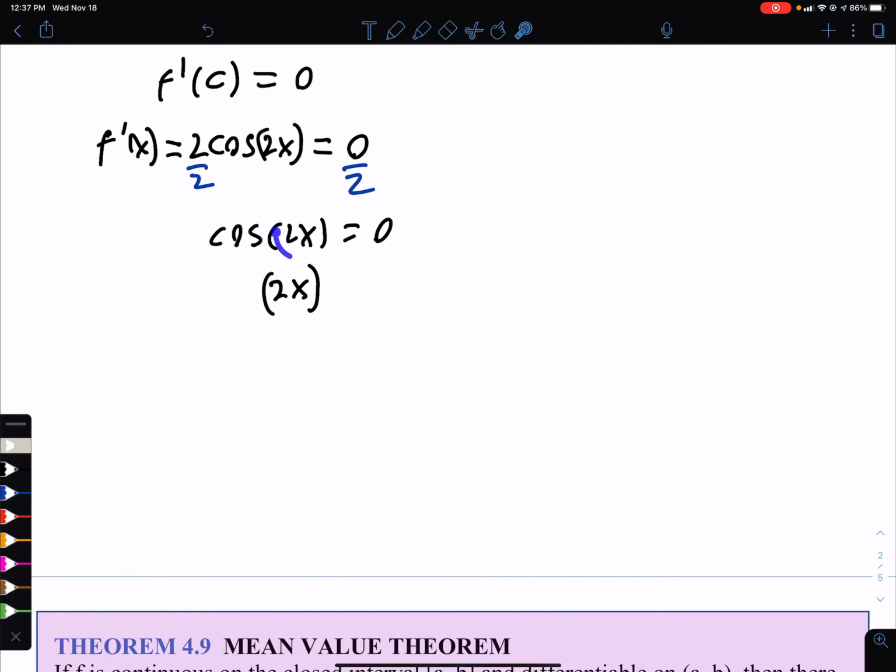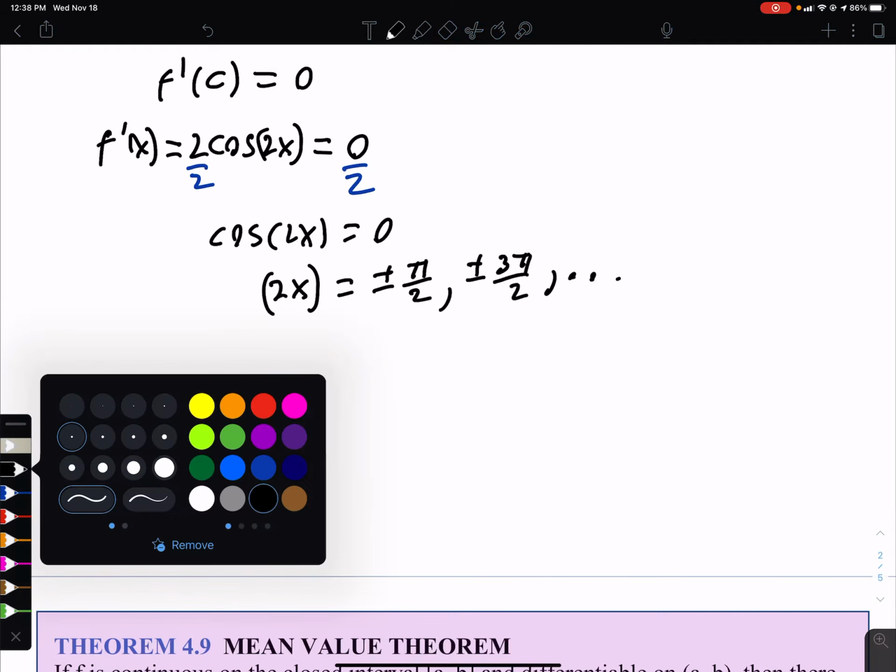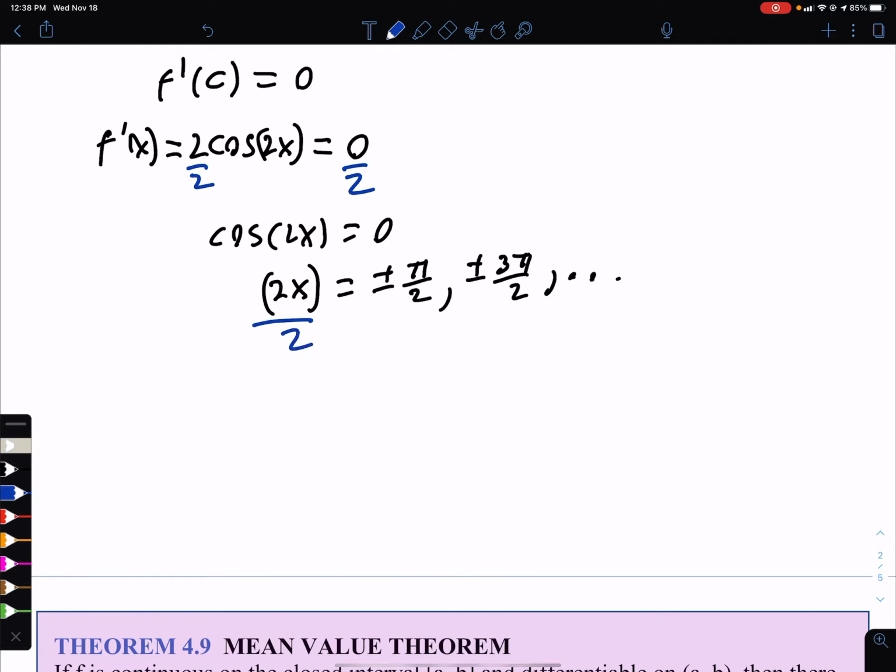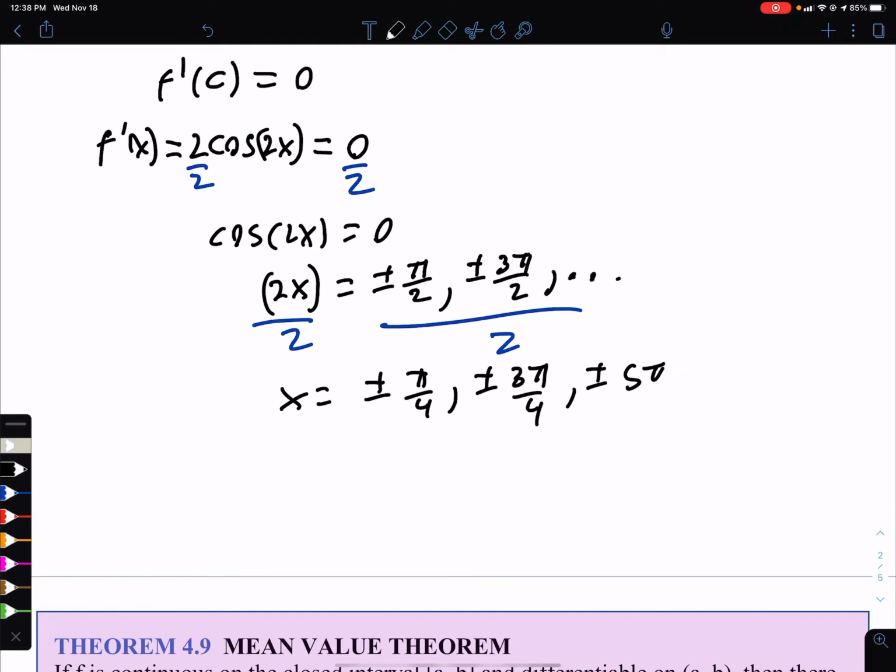So these are my angles. The cosine of what angles is 0? I claim plus or minus pi over 2, plus or minus 3 pi over 2, and on and on. Divide both sides by 2 to get rid of the 2 because we're solving for x. And we will end up with plus or minus pi over 4, plus or minus 3 pi over 4, plus or minus 5 pi over 4.